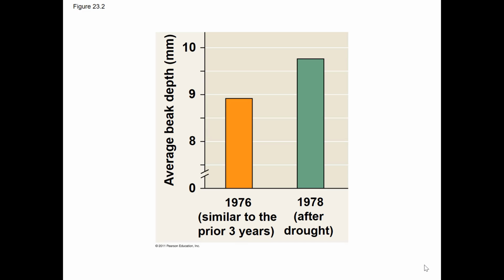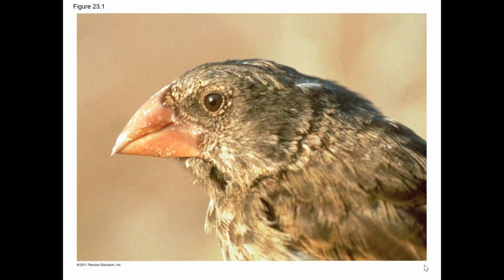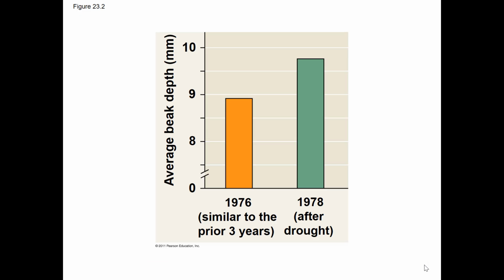The text uses the illustration of Galapagos finches, specifically finches on Daphne Major, I believe. Daphne Major, one of the islands in the Galapagos archipelago. And it uses the average beak depth, the average size of the beak, to illustrate how microevolution works, how populations evolve.